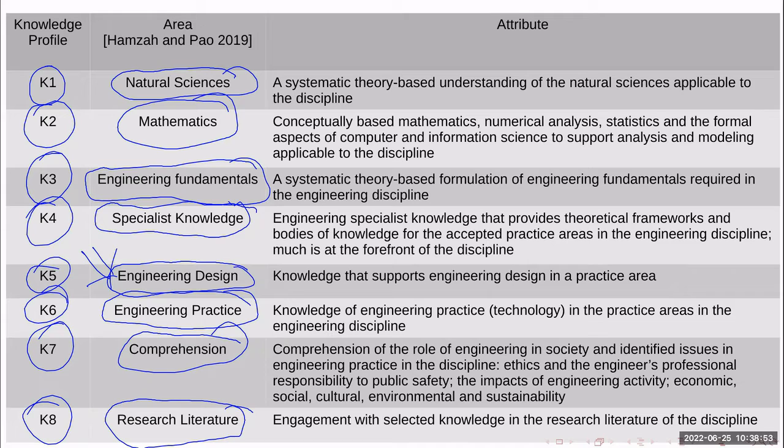So these are the 8 types of knowledge. Basically, the knowledge profile has 8 categories, and our engineering graduates should have them. So I would request all of you to remember these 8 knowledge profiles. We'll come back to this later on, inshallah. You can see that K5 is specifically related to engineering design.